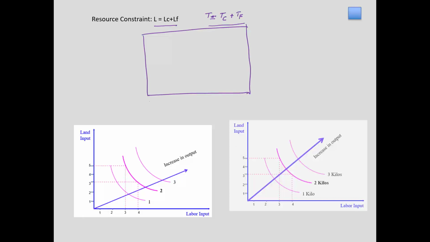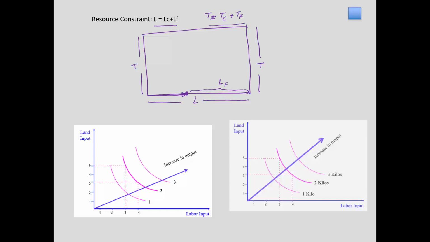The x-axis can measure the total amount of labor supply that exists in this economy, and the y-axis can measure land that is used in the economy. If we measure the amount of labor used in the cloth sector from this axis, whatever is left over would be the amount used in the food sector.